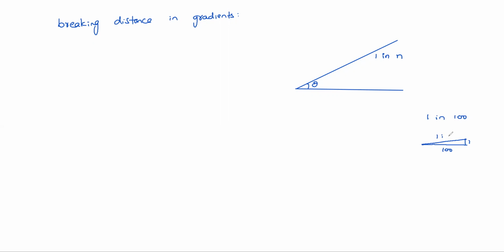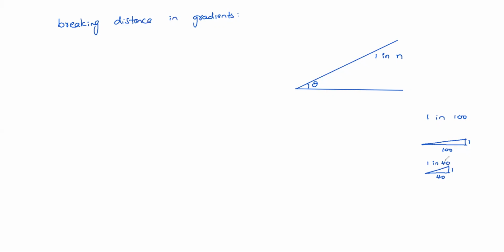Similarly, 1 in 40 means for 40 meter distance, 1 meter rise is there longitudinally. Then this gradient is called 1 in 40.